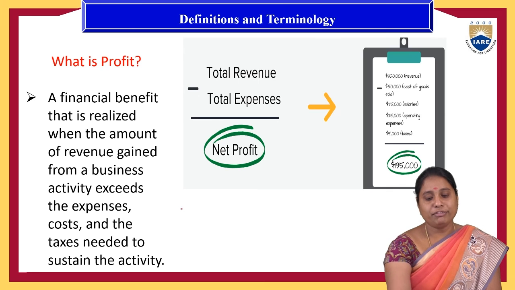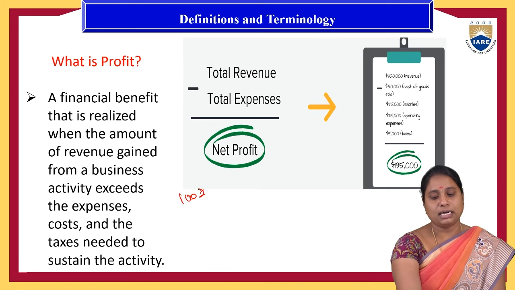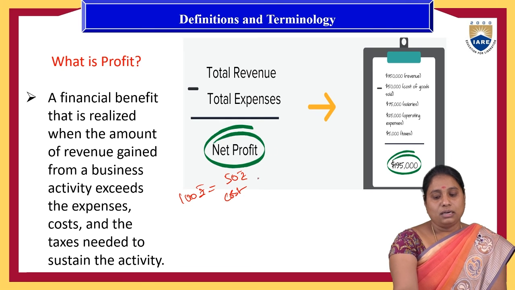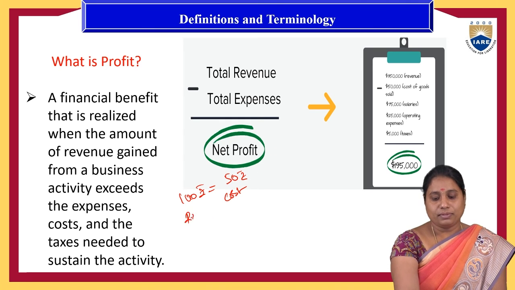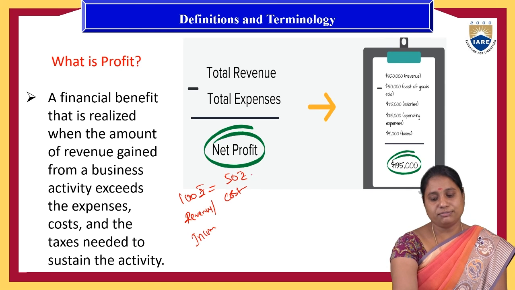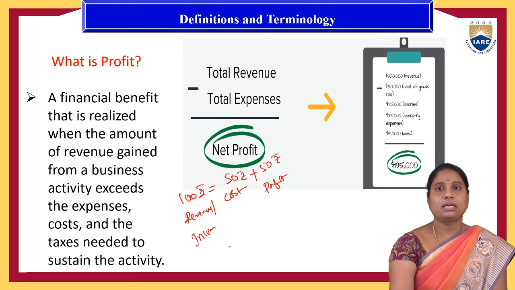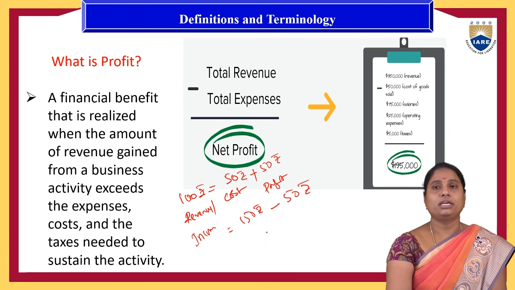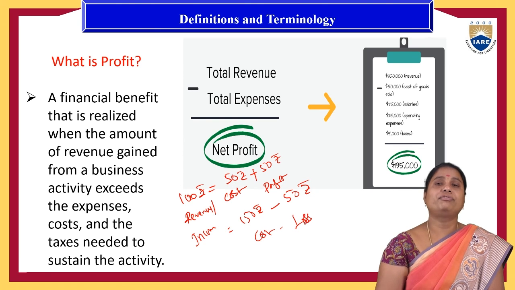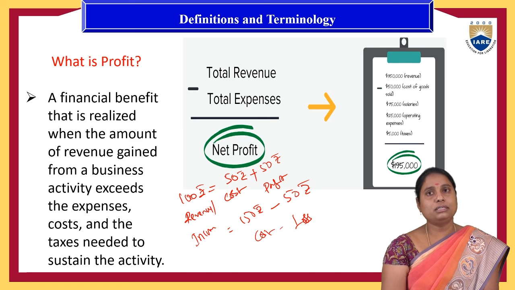So if a product price is 100 rupees and the expenditure incurred on that product is 50 rupees, then revenue or income is 100 and cost is 50, so the profit is 50. Let us say the cost incurred on the product is 150 rupees, which means there is a loss of 50. So there is no guarantee that the organization will get a profit, and there is a chance of getting losses too.